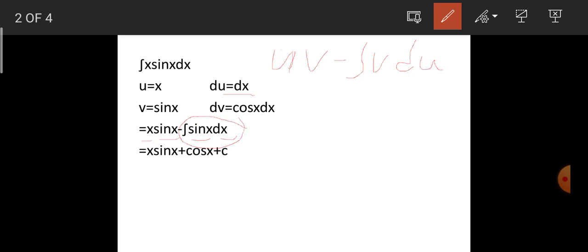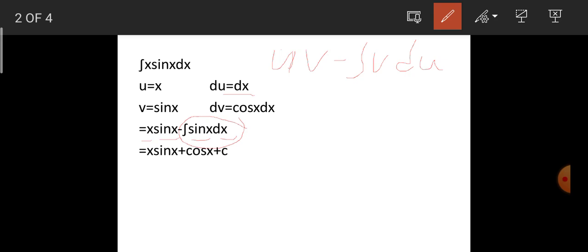Since we only have one function in our integral, which is the integral of sine x dx, we can simply answer this by looking up the formula for the integral of trigonometry, which is found in my last video. I wrote some of the formulas of integrals in solving trigonometry.